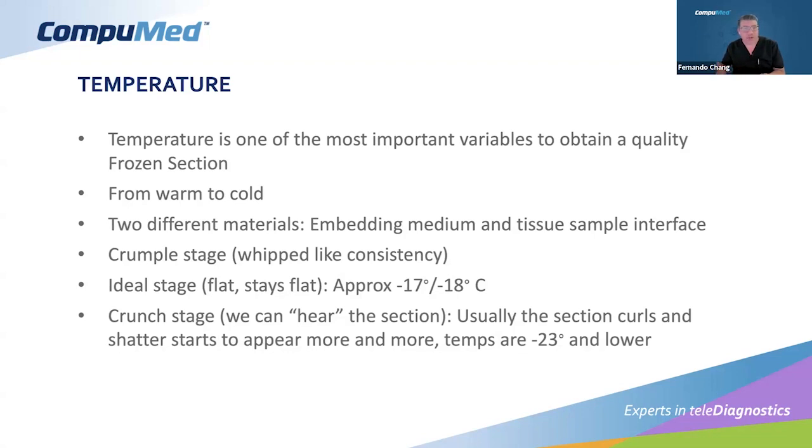Not necessarily at a microscopic level, you can see the shatter of the section of the tissue itself. So usually it goes to -23, -22, and even lower temperatures for this crunch stage. Remember that -17, -18, something I want you to remember.